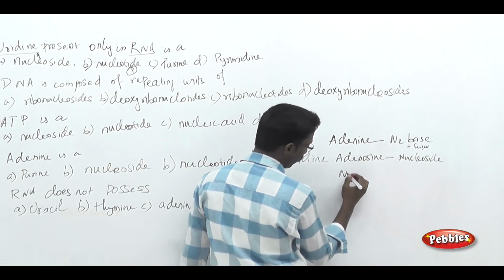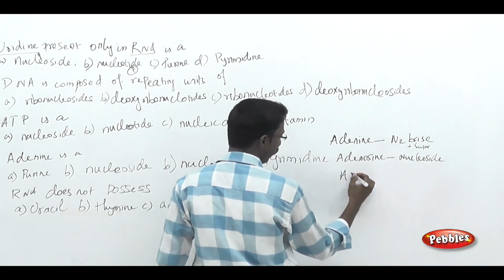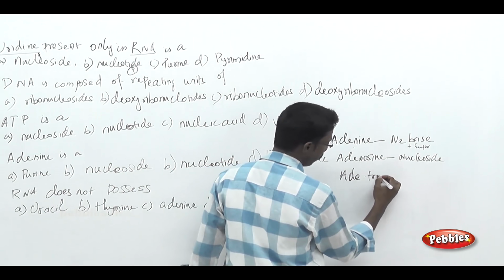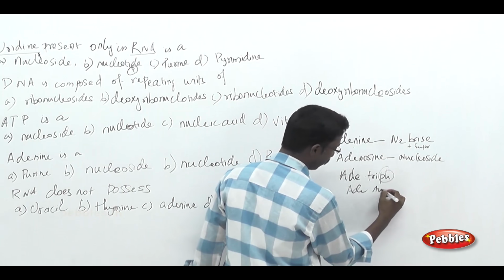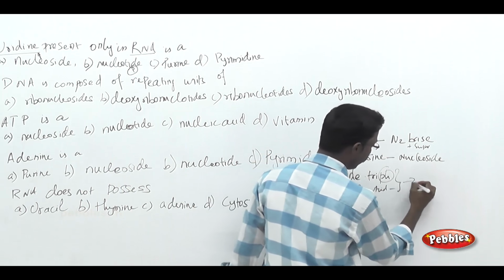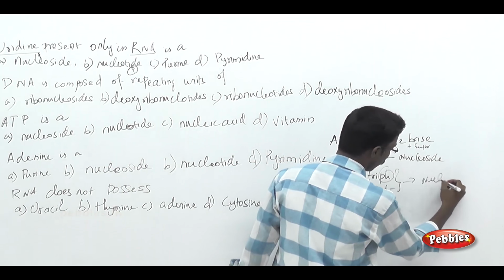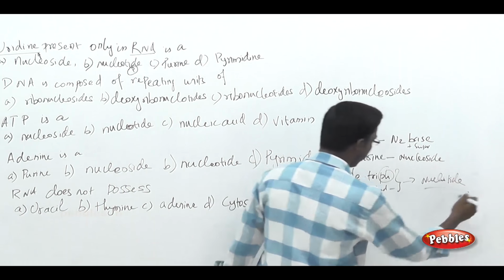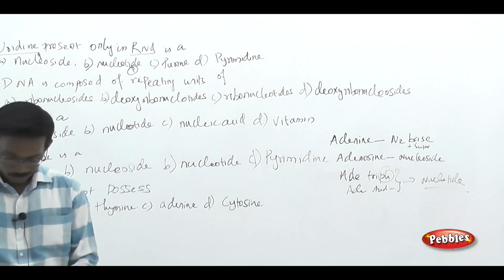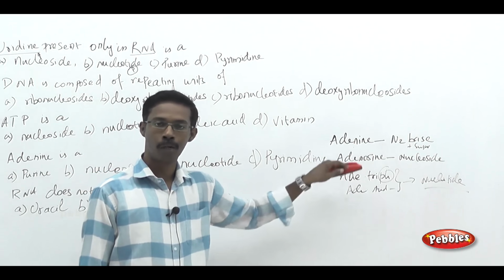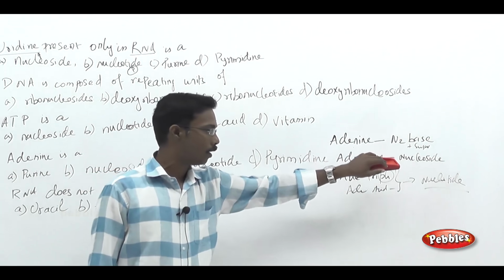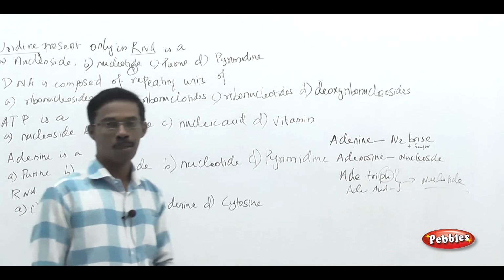Here you have to use the term adenosine triphosphate or adenylic acid. These two terms refer to a nucleotide. So we use slightly different terms for nitrogenous base, nucleoside and nucleotide.